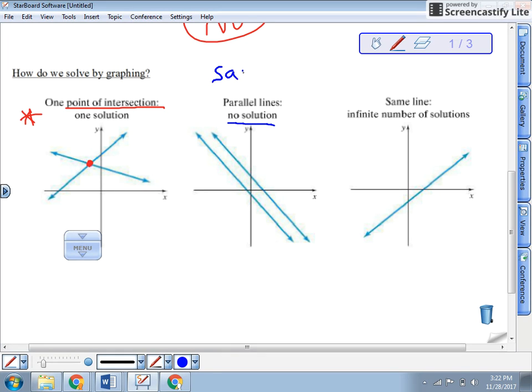Well, it's going to have the same slope. We learned that earlier. So if you notice two lines have the same slope, there's not going to be an intersection, so not going to be a solution. And then if it's the same line, the exact same equation, then they're going to overlap, so you have infinite solutions. So those are your three possibilities.